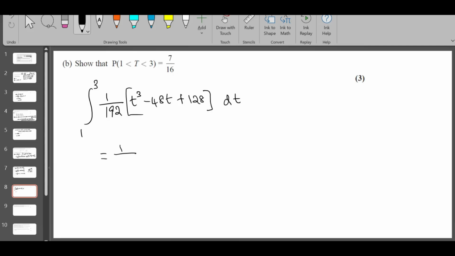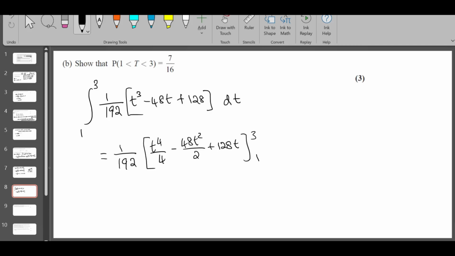I'm going to keep 1 over 192 outside. When I integrate, I get t to the power 4 over 4 minus 48t squared over 2 plus 128t, from 1 to 3.